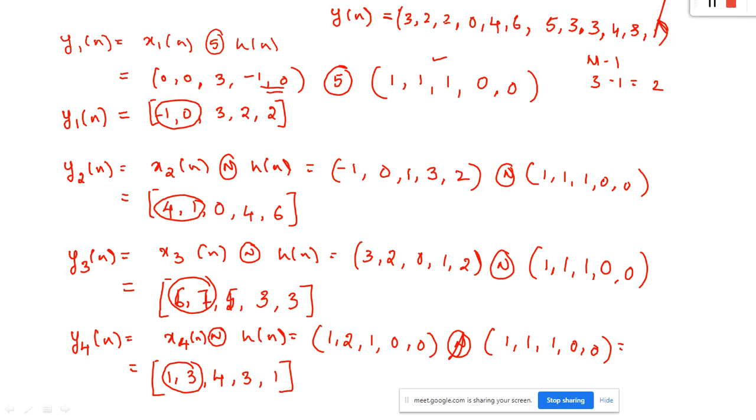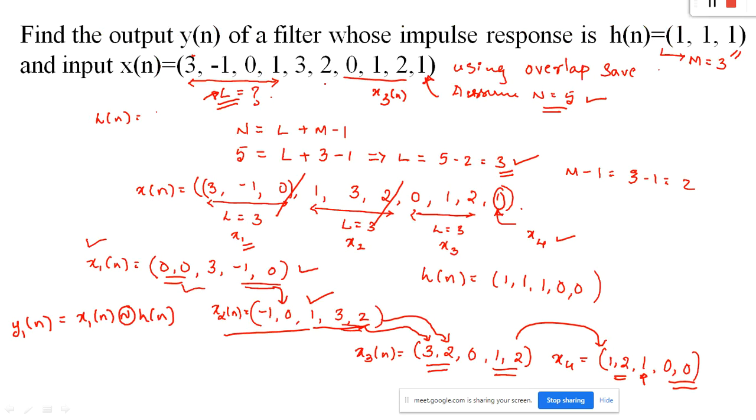Look at the length. 3 plus 3 is 6, 6 plus 3 is 9, 9 plus 3 is 11. Look at the actual input, the length, 1 2 3 4 5 6 7 8 9 10. So length of this is 10. Length of this is 3 minus 1. So how much length you should get? 10 plus 2, 12, right?